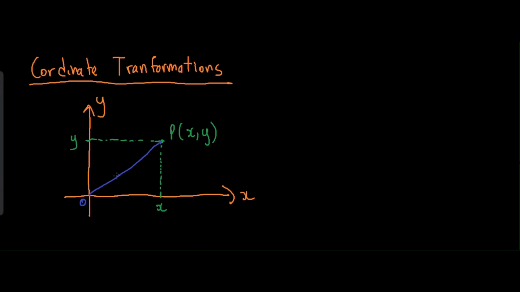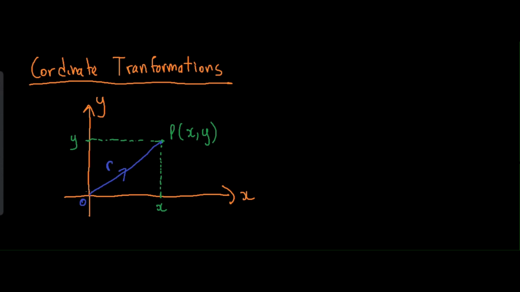And this line, let's denote this with some r, meaning there's some radius. Because the coordinate system we are going to talk about is called the polar coordinate system. Polar, loosely stated, deals with circles.